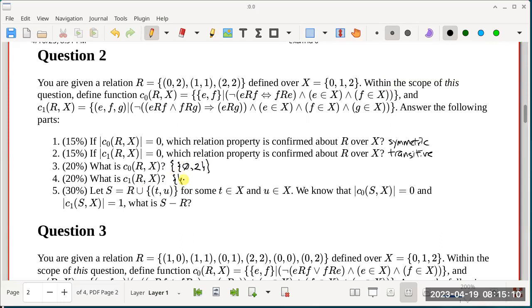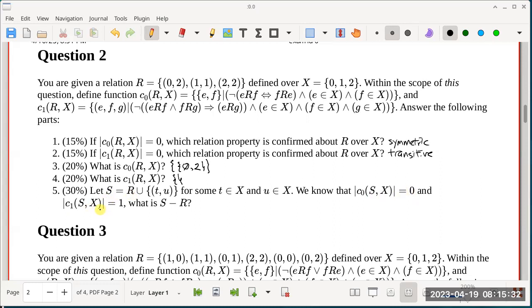All right, so for part number 5, I'm once again adding a new 2 tuple to the relation R, and we call the new relation RS. And we're asking, can we make this new relation symmetric, but it is not transitive, because this is transitive.